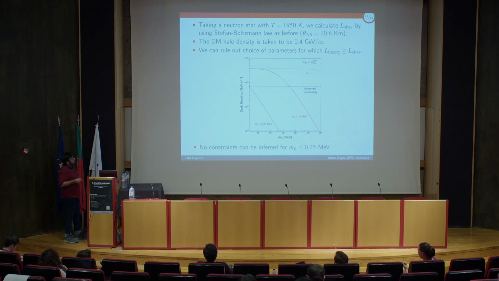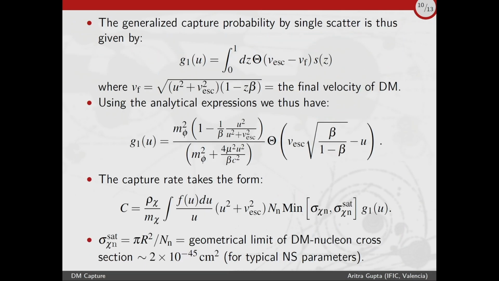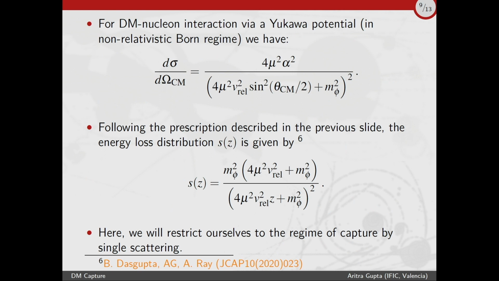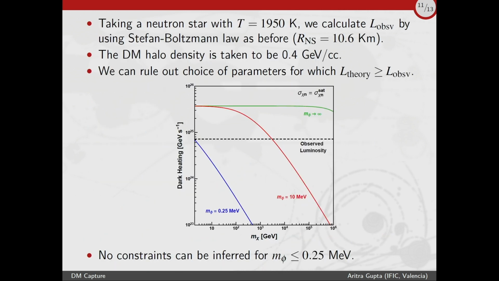So this is for a given constant cross section, right? So if we look at this, this means that the integral of this equation we fix to a certain value, which is the geometric cross section, and then we try to see what is m times capture rate, and compare with this observation.